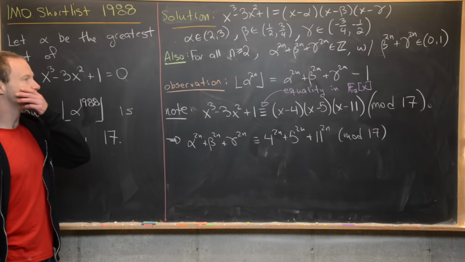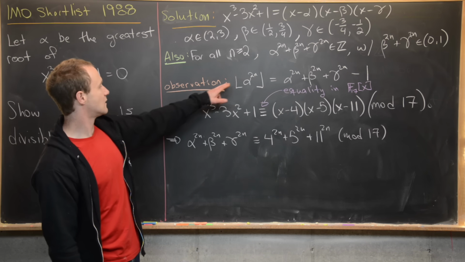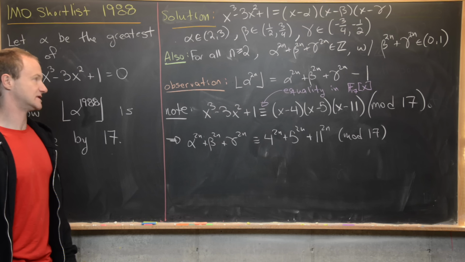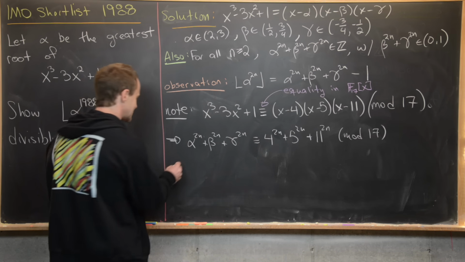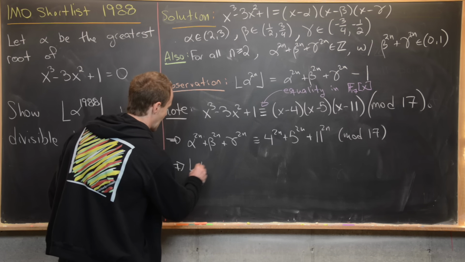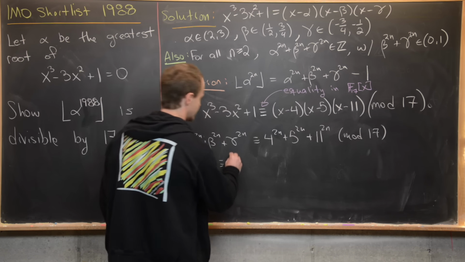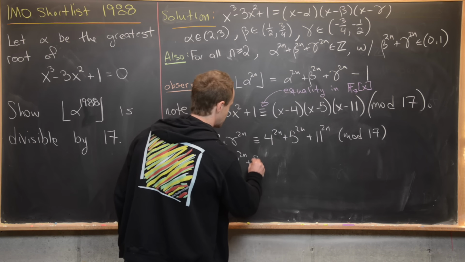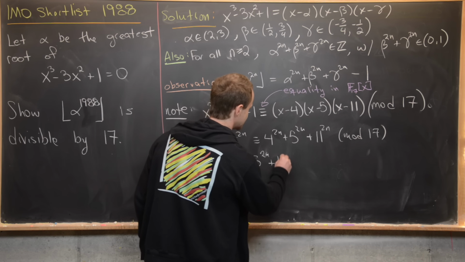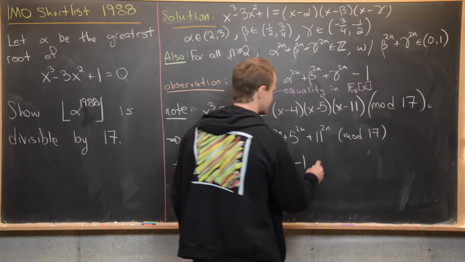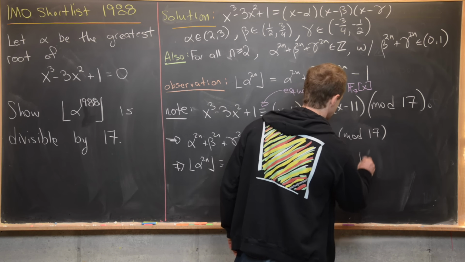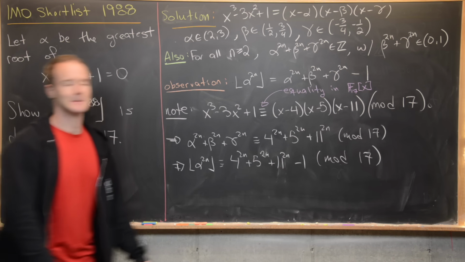Now, next what we can do is maybe look at this thing mod 17. So that tells us that alpha to the 2n, the floor of that, is going to be congruent to 4 to the 2n plus 5 to the 2n plus 11 to the 2n minus 1 mod 17, like that.